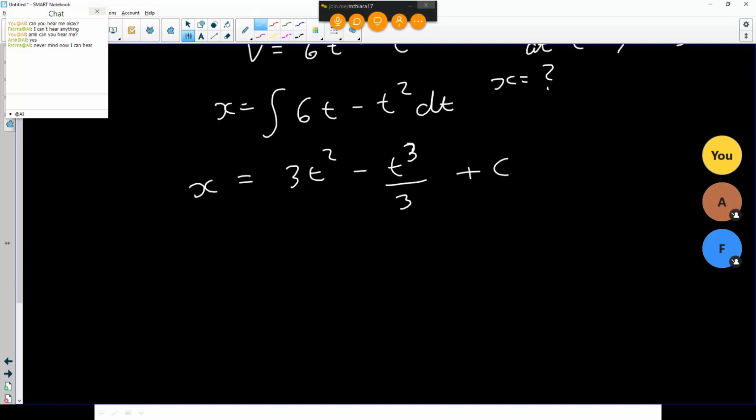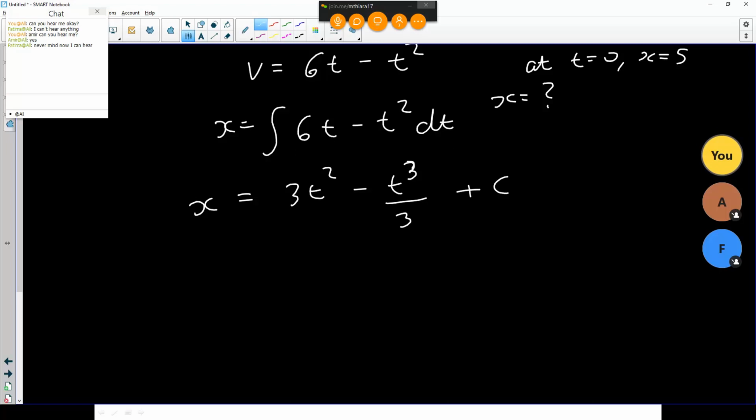Now, we have been told at this stage that when time equals 0, the displacement is equal to 5. This will enable us to work out what my constant is. And this is a key part. You need to understand from the question what these are called: initial boundary conditions.